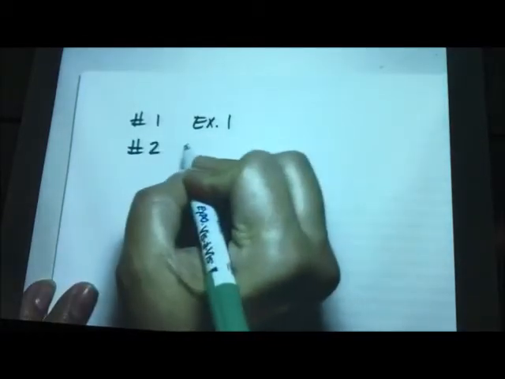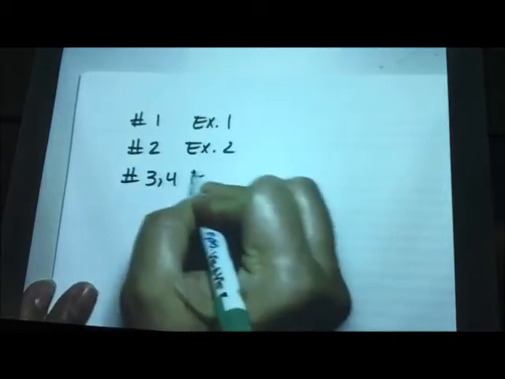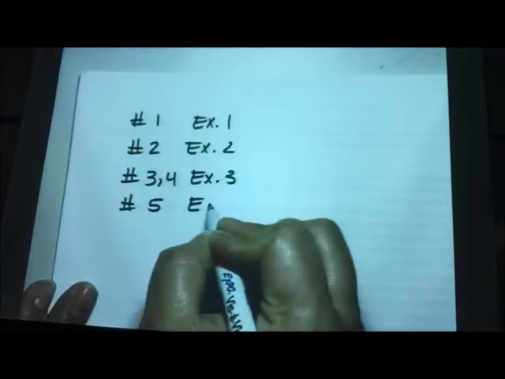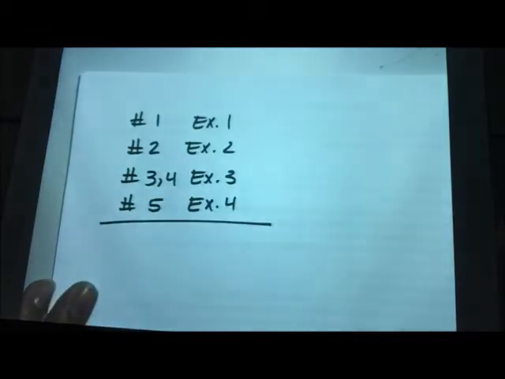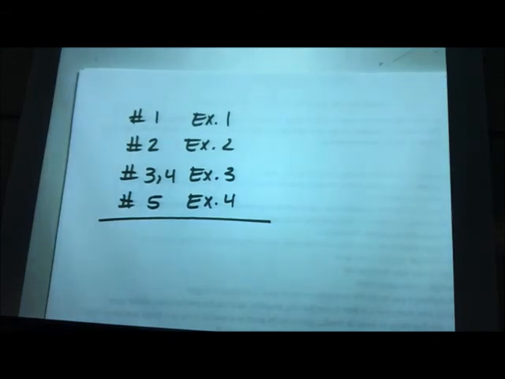Number 2 will be like example 2. Number 3 and 4 will be like example 3, and number 5 would be example 4. There's only 5 problems because it requires a lot of work. I expect to see all the work. I don't just want to see answers, I want to see all the work. Try your best, work as hard as you can, and please make sure you understand it.